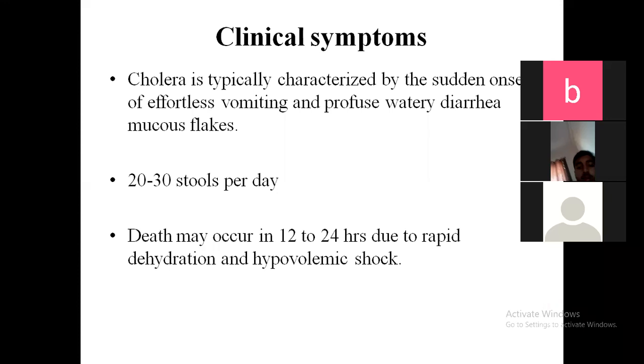So hypovolemia occurs because of the decreased volume, and it can cause cardiovascular complications, and renal and cerebral perfusion can be impacted. So death may occur in 12 to 24 hours due to dehydration and hypovolemic shock.